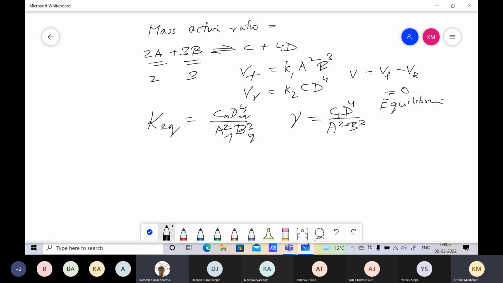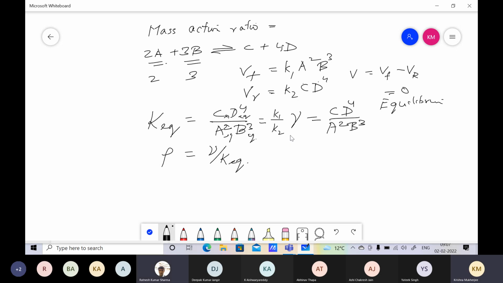And from there we define something, and this K equilibrium is obviously equal to K1 by K2. Right? That's obvious, because this into this is equal to 0. And this is the mass action ratio. And the rho, what is the rho? Rho is nothing but gamma upon K equilibrium.